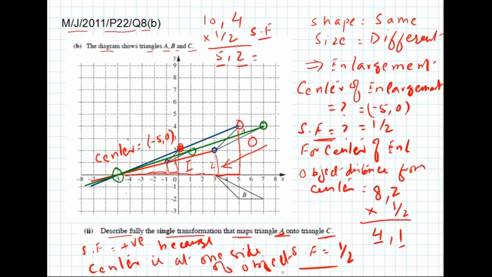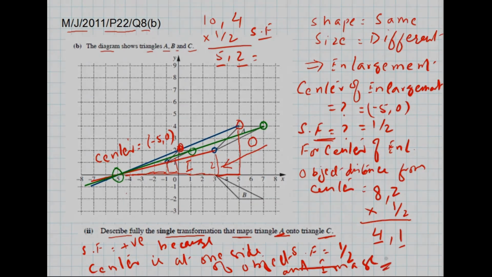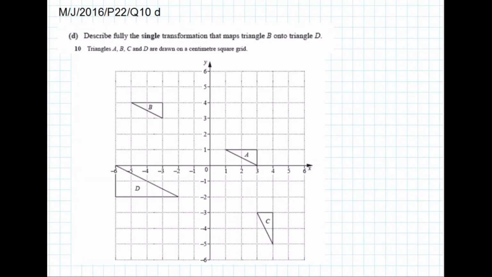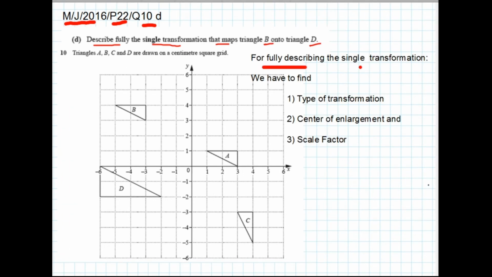Next question is May-June 2016, paper 2-2, question number 10, part D. The question says, describe fully the single transformation that maps triangle B onto triangle D. For fully describing the single transformation, what we have to find?